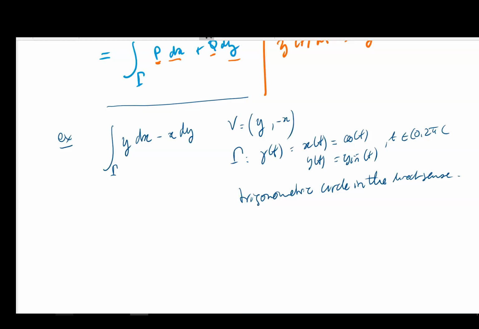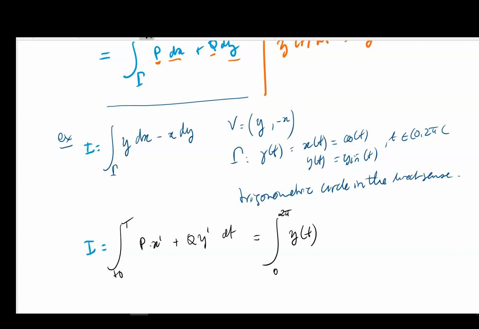So let's do my calculation. Let's call my integral I. Let's apply the formula. So it's p times x prime plus q times y prime dt, from t0 to T. Obviously t0 is going to be 0, capital T is just 2 pi. My p, we said, was y of t.